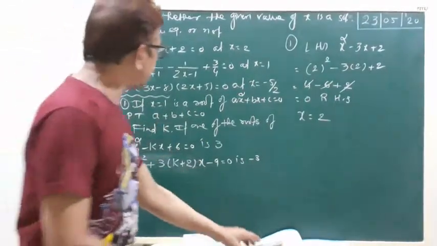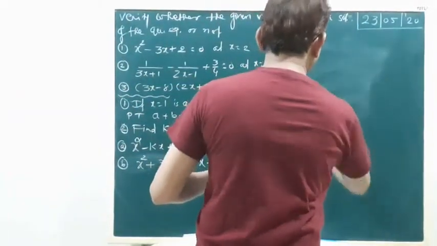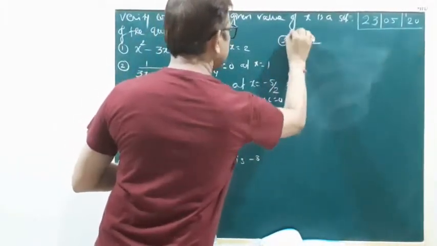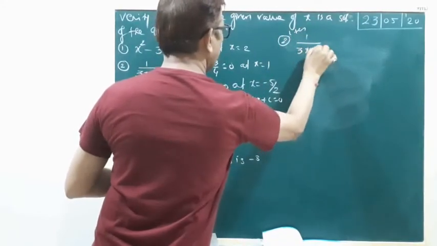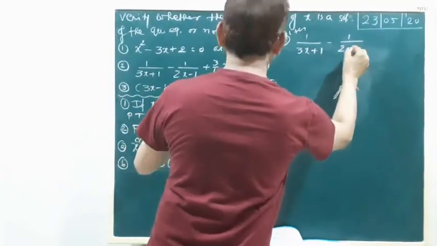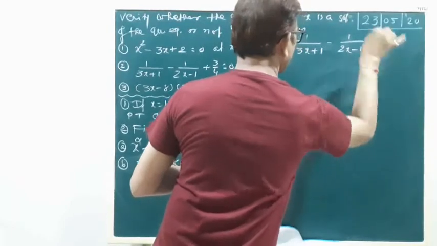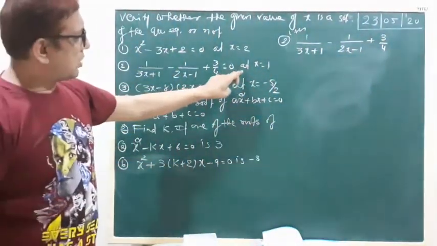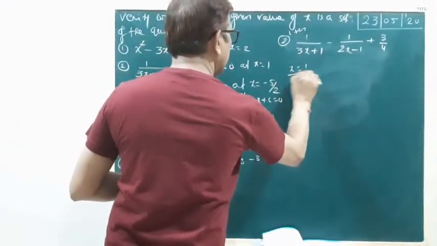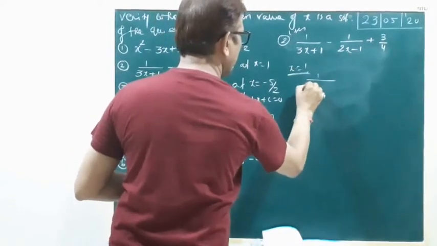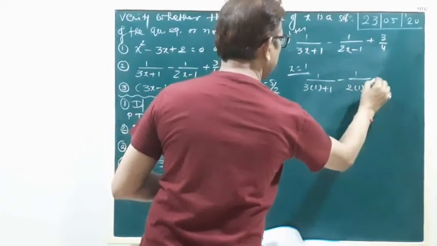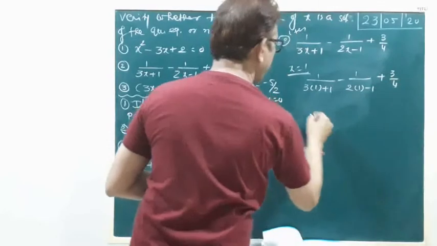Okay. Now we discuss the second question. LHS: 1 upon 3x plus 1 minus 1 upon 2x minus 1 plus 3 by 4. Now at x equal to 1, put x equal to 1: 1 upon 3 into 1 plus 1 minus 1 upon 2 into 1 minus 1 plus 3 by 4.